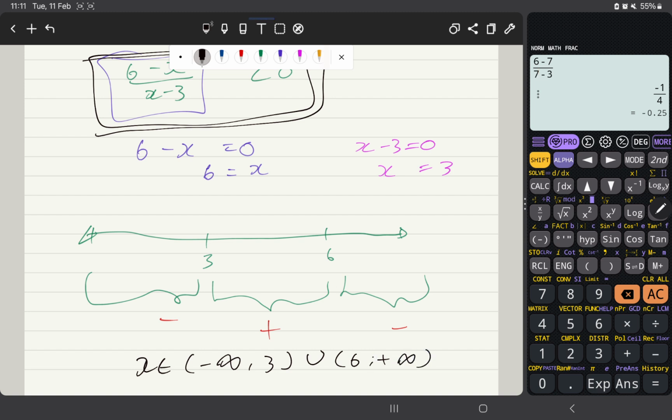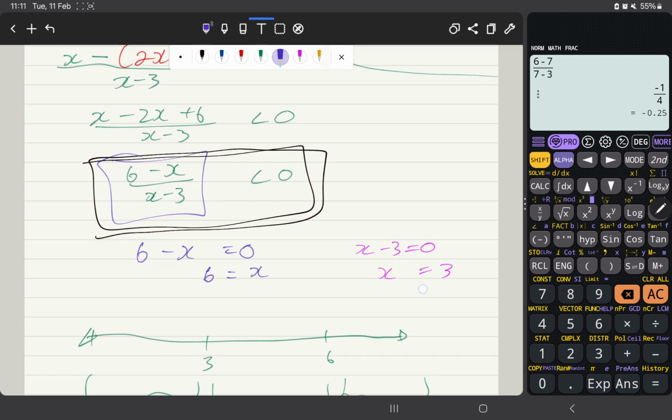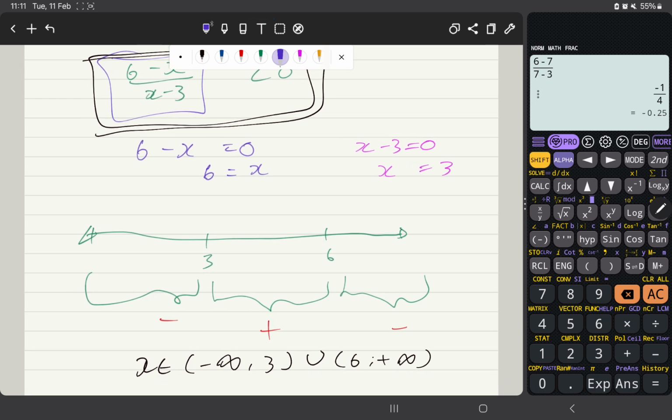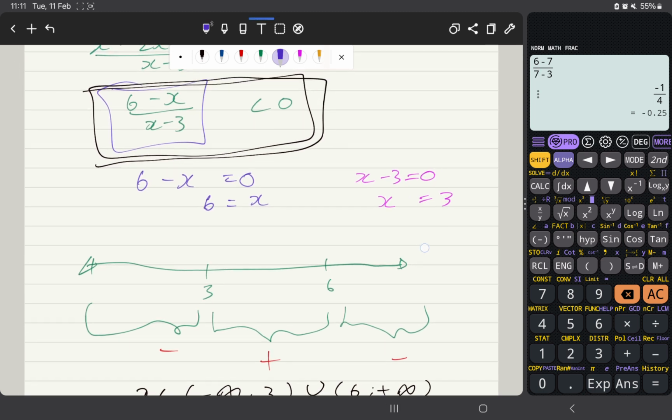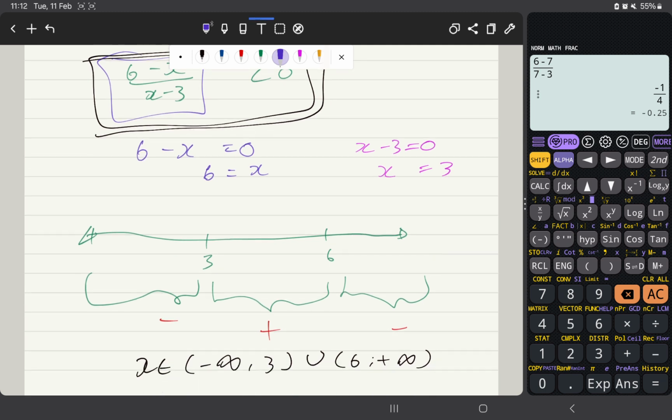So these are the values of x where that statement will be true, because with these values of x, the expression on the left is smaller than 0, implying that it equals a negative number.